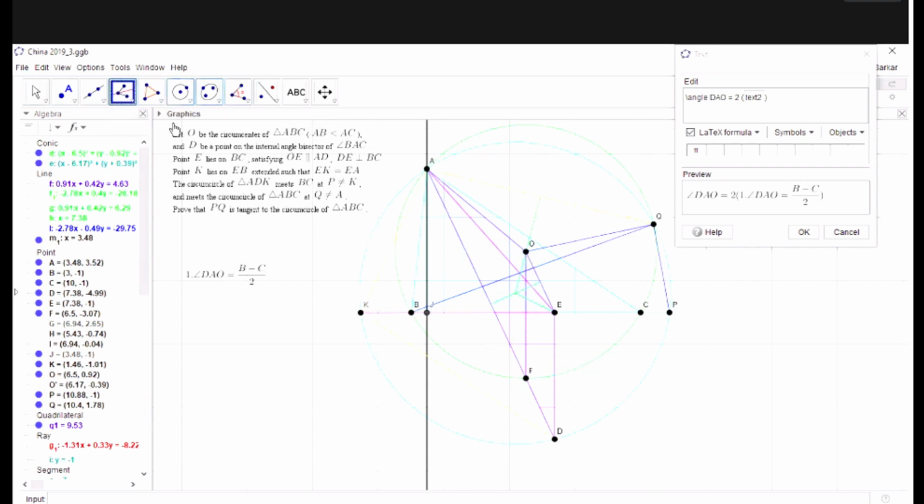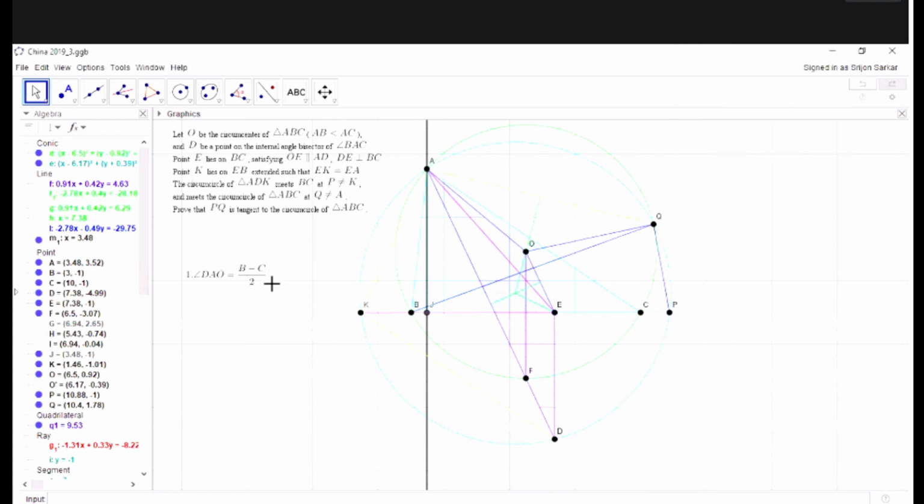That is the angle bisector of JAO as well, because we are subtracting equal parts, BAJ and OAC are equal. So from that you can calculate angle DAO and you will get B minus C by 2. And after that, try to prove that AOED is an isosceles trapezium. So try to prove that.